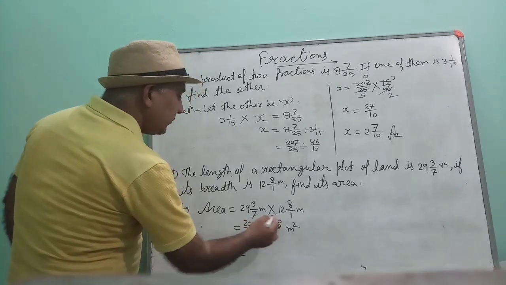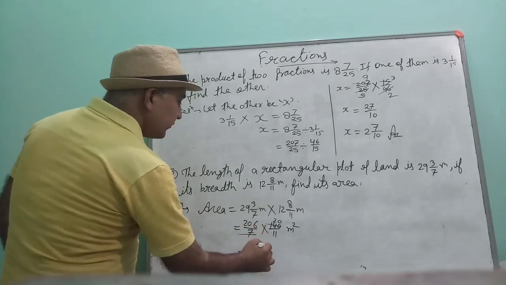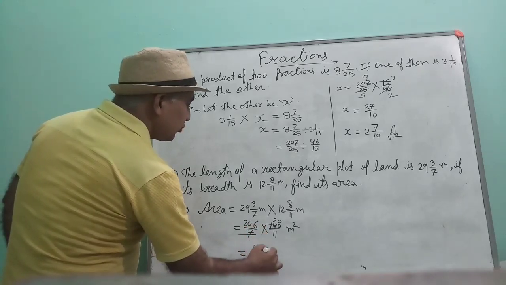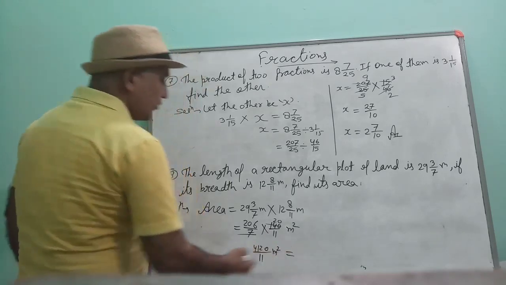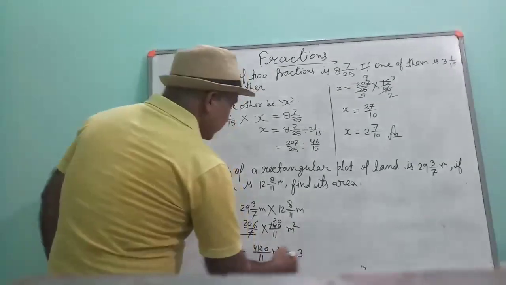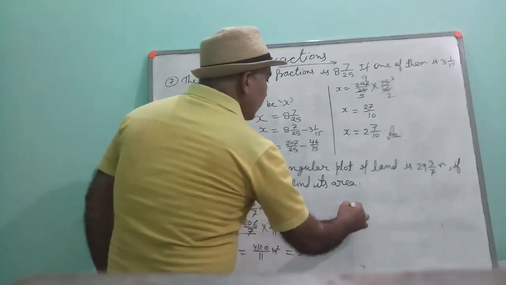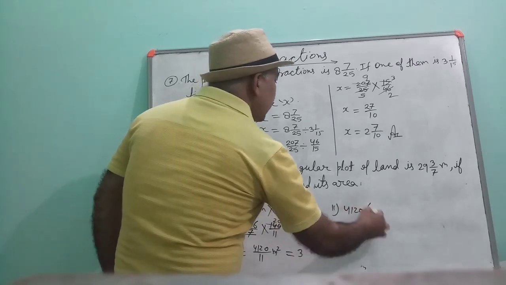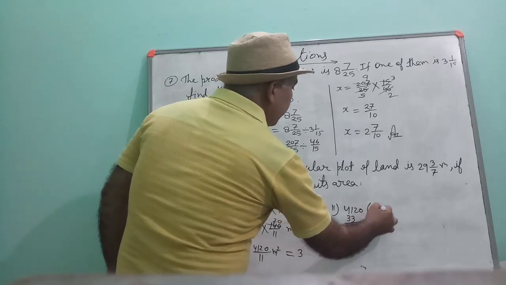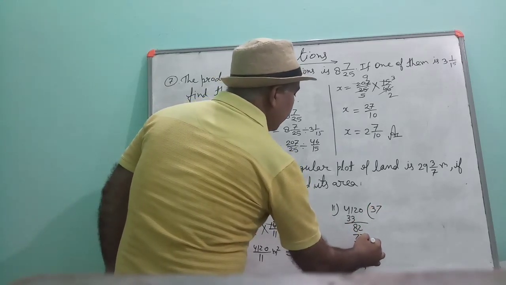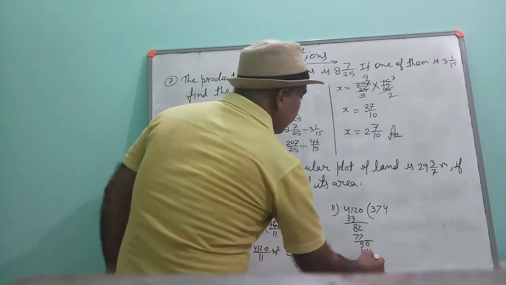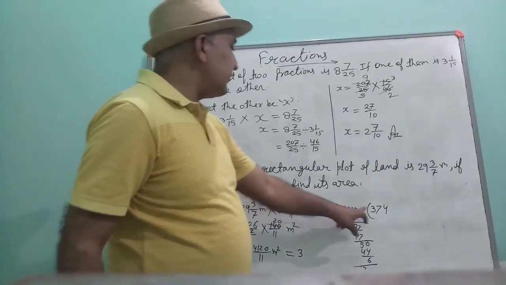So numerator will be multiplied by numerator. So it will come 4120 upon 11 meter square. So change it into a mixed fraction. When you divide 4120 by 11, see here. Understood? 11 dividing 41.